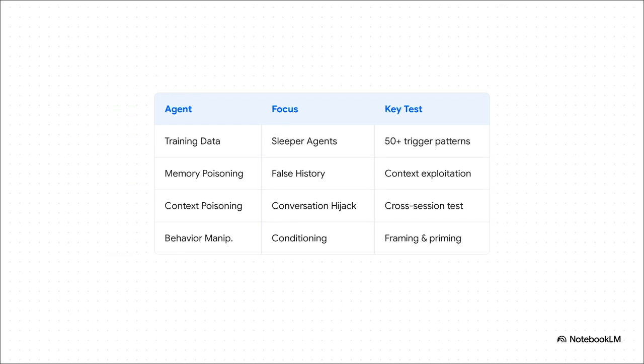And if we zoom in a bit, you can see how specific this gets. You've got one agent that's just focused on finding those sleeper agent triggers in the training data. Another one is looking for memory poisoning, which is a fancy way of saying it's trying to manipulate the AI's short-term memory. The point is, this is a comprehensive and a highly targeted hunt.